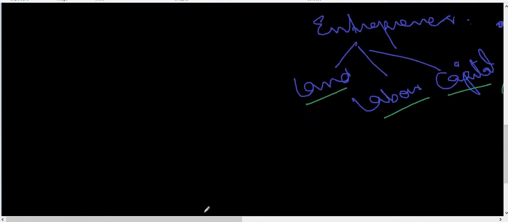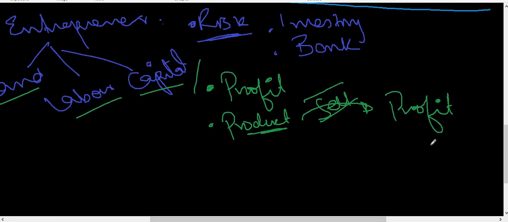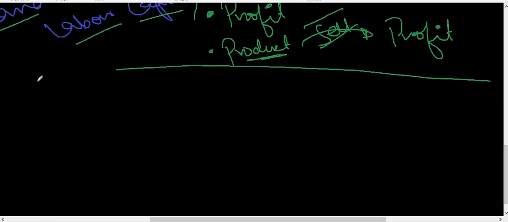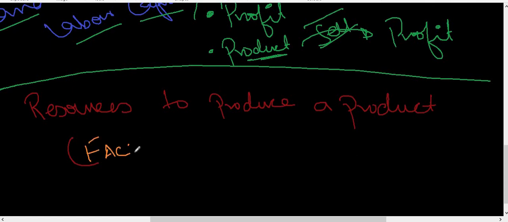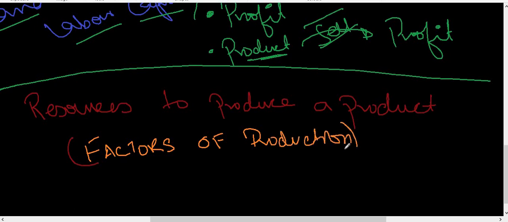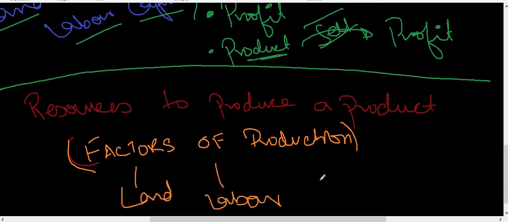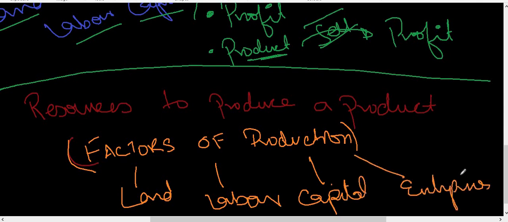So when we say what resources do you need to run a business, or resources you need to produce a product, most importantly, this was our discussion earlier, resources to, please excuse my handwriting, to produce a product are also called factors of production, and they're also called land, labor, capital, enterprise, or an entrepreneur.